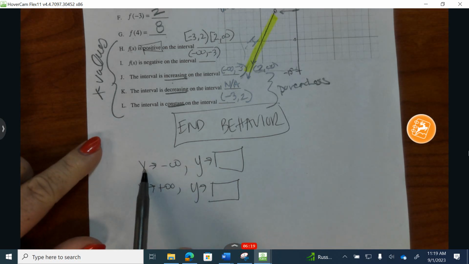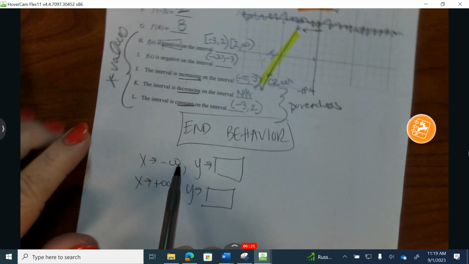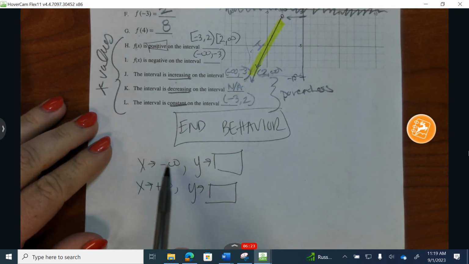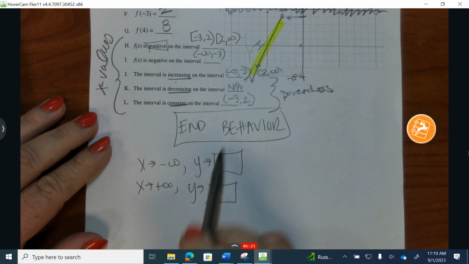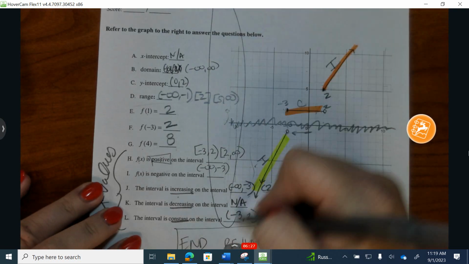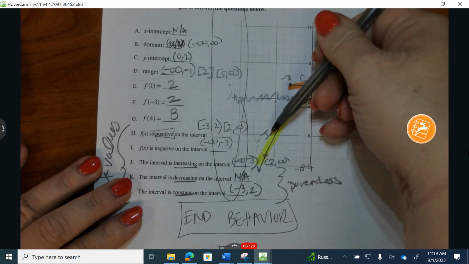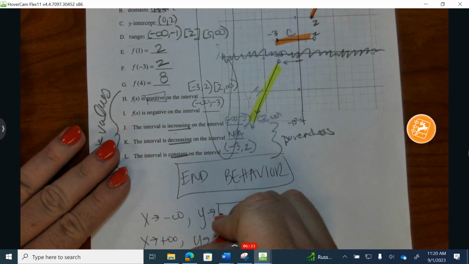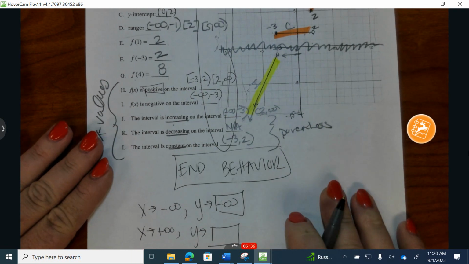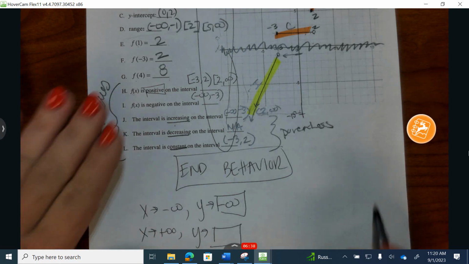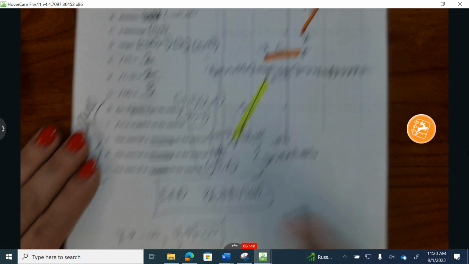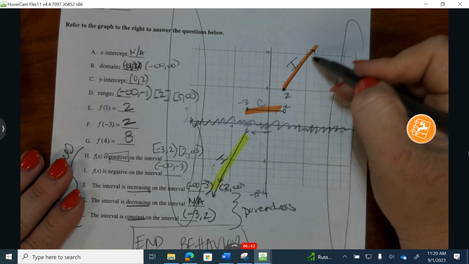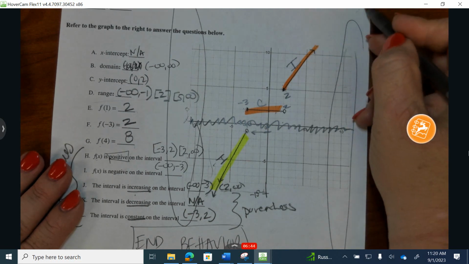As I go on the x-axis to the far left-hand side, I want to describe the behavior of the y's. When this piece of the function enters into this region, which way is it going? Down or decreasing? Going to negative infinity. As we go on the x-axis to the far positive side, when this enters in, which way is it going?